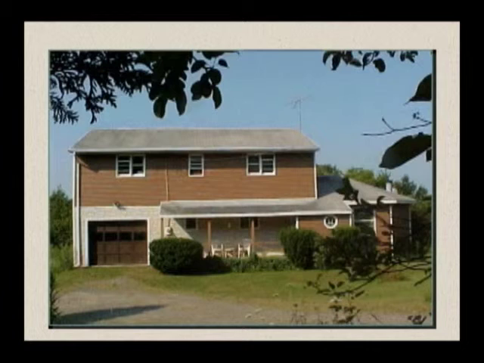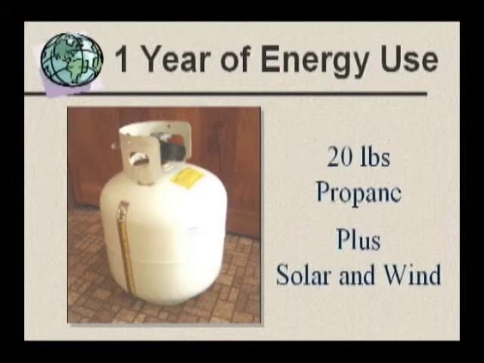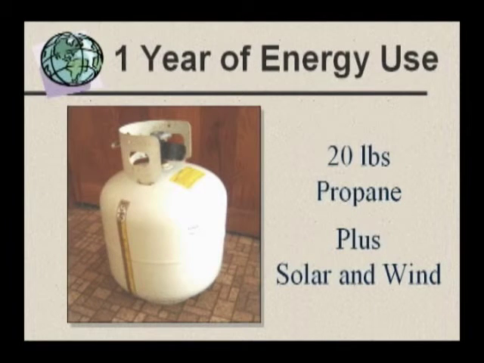So you have to go through two doors and close one before you go into the other door. All these little things are about making it more energy efficient, such that our one year energy use, we've gotten it down to basically 20 pounds of propane, the size of a barbecue grill tank, plus solar and wind.